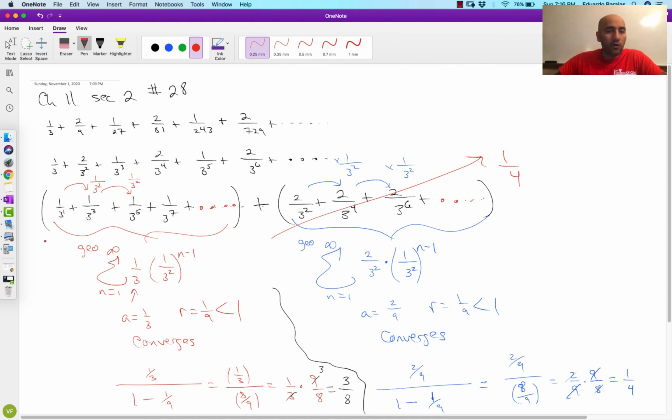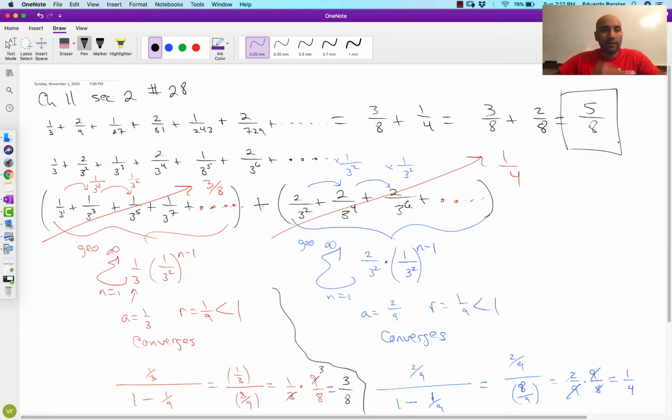And this thing is also geometric and the whole thing out to infinity adds up to 3/8. So the original one is going to be equal to 3/8 plus 1/4. It's going to be equal to 3/8 plus 2/8, which is equal to 5/8. The whole thing adds up to 5/8.